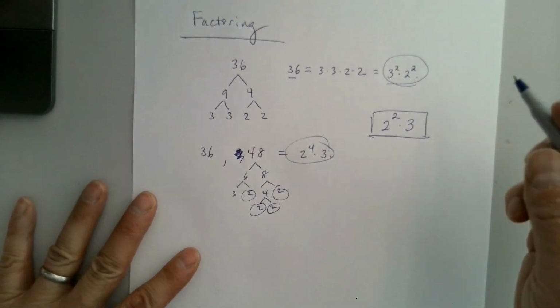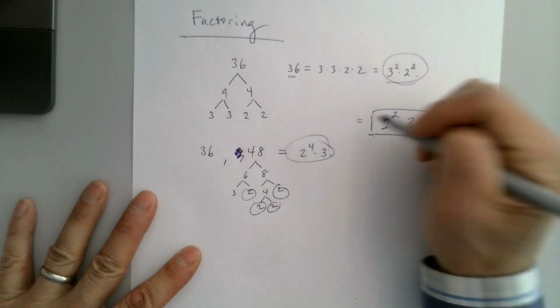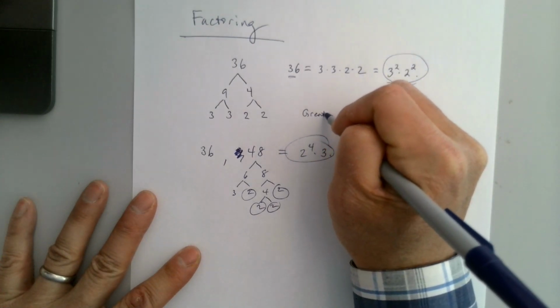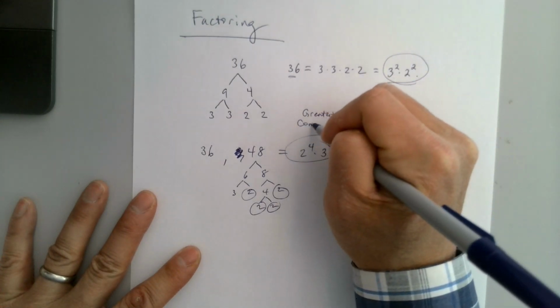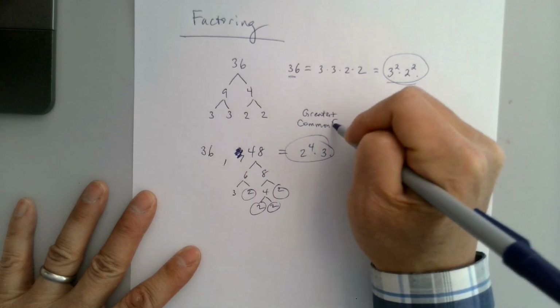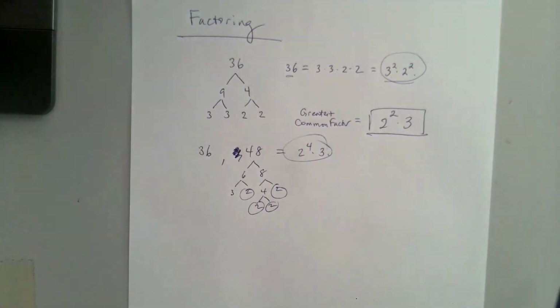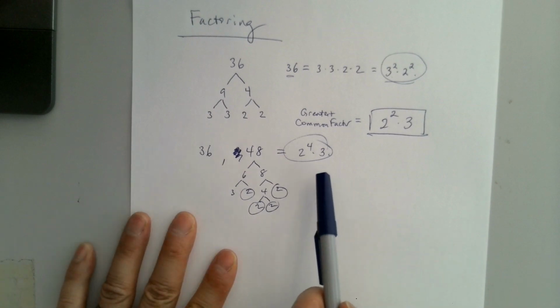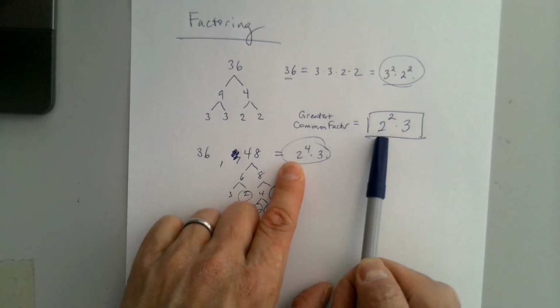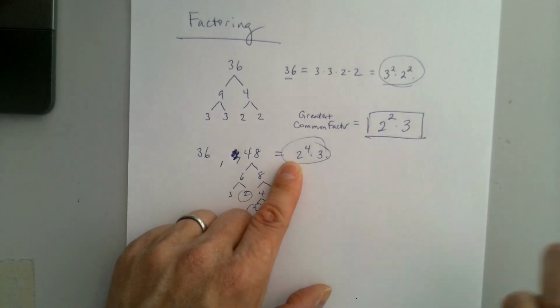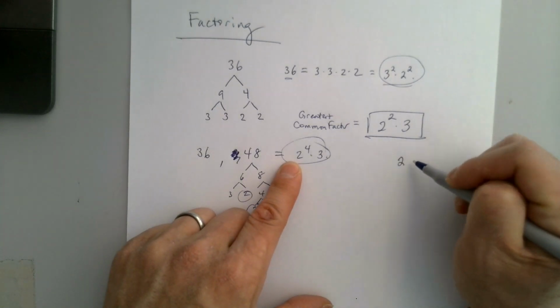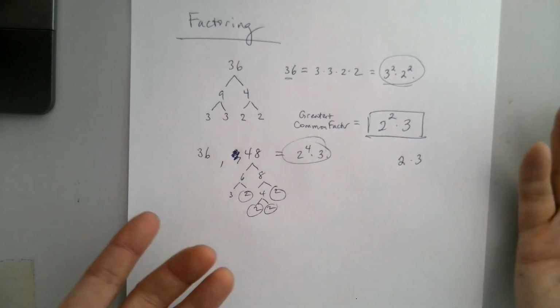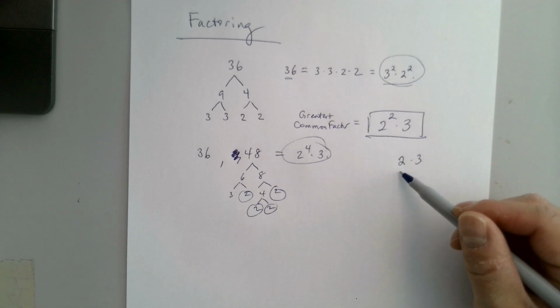We call this the greatest common factor. We maximized the number of each type of prime number that they have. I could have said that they have a single 2 and a single 3 in common. That is true. That's not a lie. They have a 2 and a 3 in common.